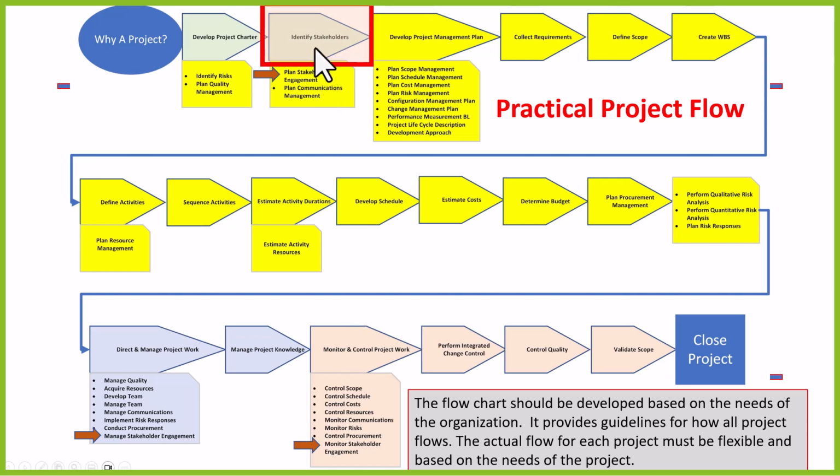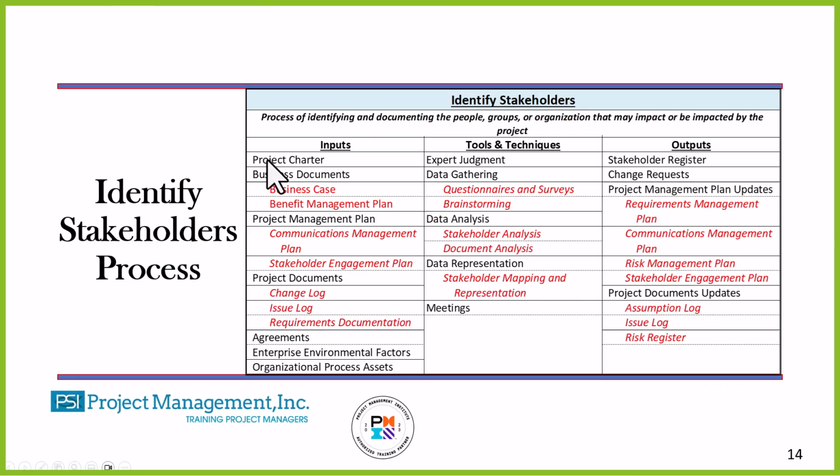Now, first of all, as I said, we're going to start with identify stakeholders. This is the framework that I put together out of the 6th edition of the PMBOK Guide. And it tells us every process in project management has inputs, it has tools and techniques, and it has outputs.